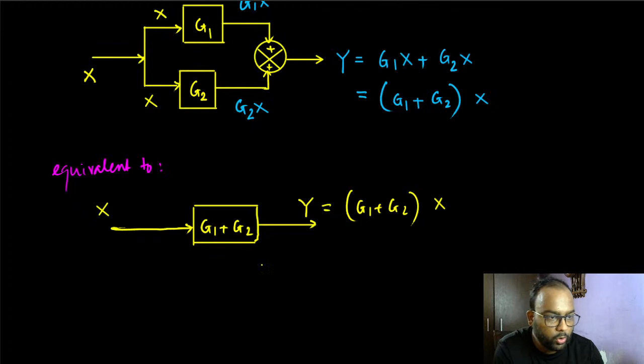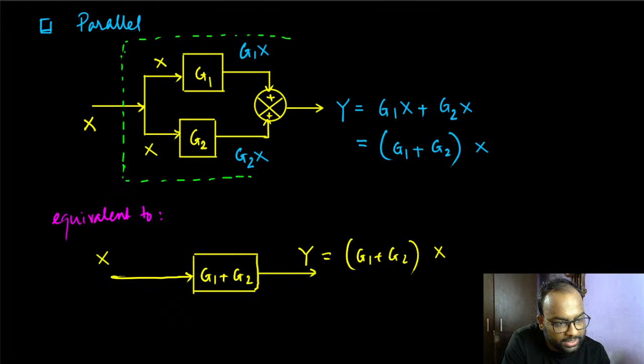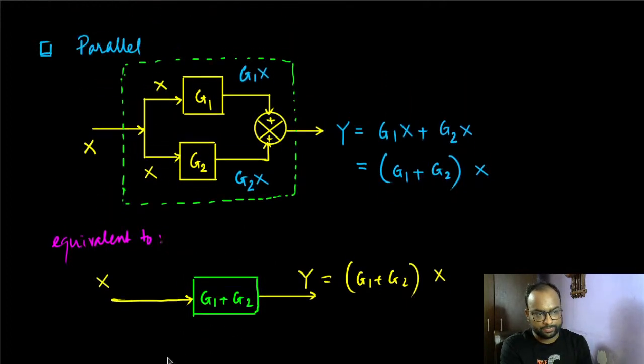So if I once again consider this whole thing to be inside a black box, so that I am only concerned about the input and the output, or the relationship between the input and the output, then we can say that this is the equivalent structure, the equivalent transfer function.